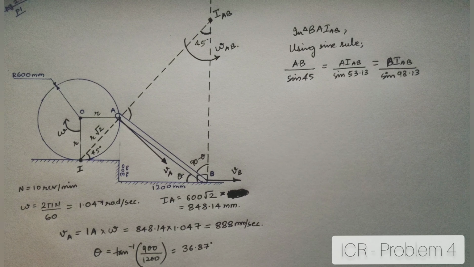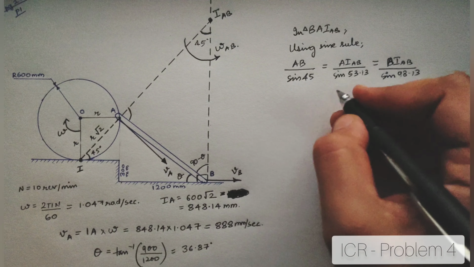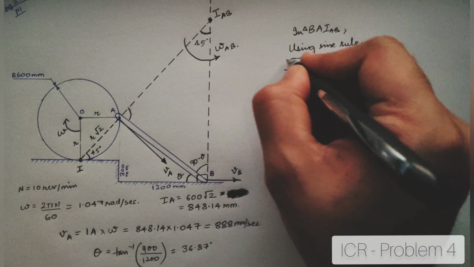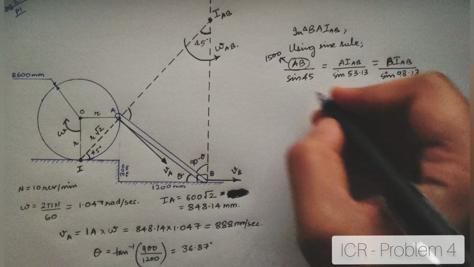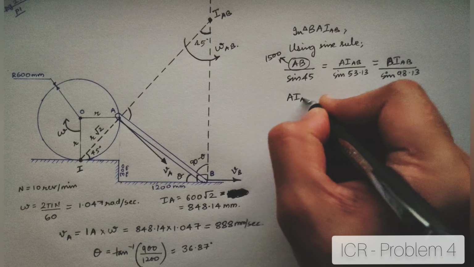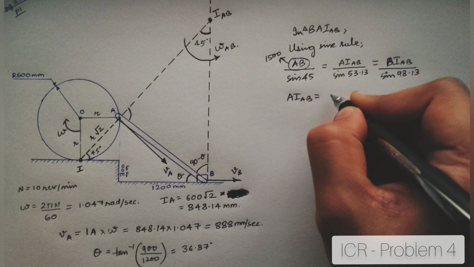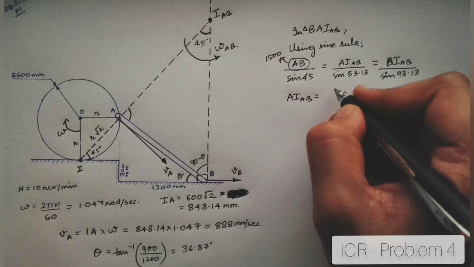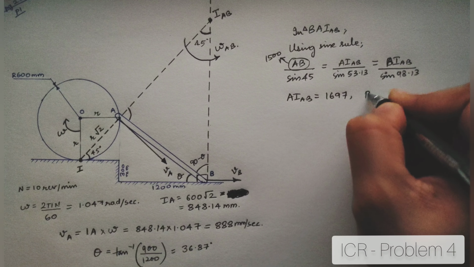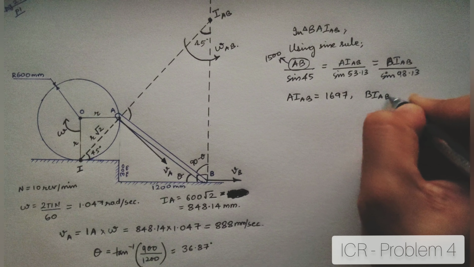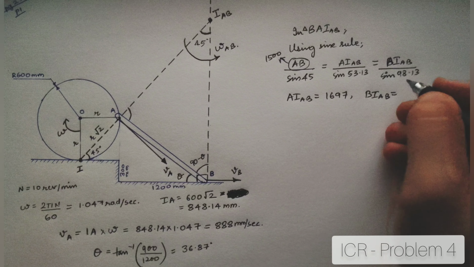So this will be equal to 1500. I can write AB is equal to 1500. And using these two, I can find AIAB, which comes out to be around 1697, and BIAB, which comes to around 2100.